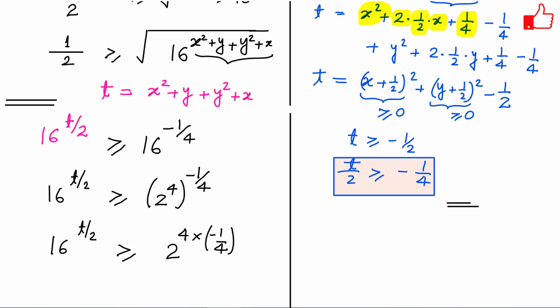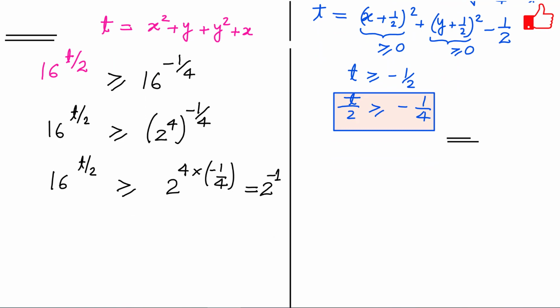So 4 gets cancelled, and this will simply be 2 raised to the power minus 1, which is nothing but 1 by 2. So now I know 16 raised to the power t by 2 is greater than or equal to 1 by 2. Let us call this equation 2.